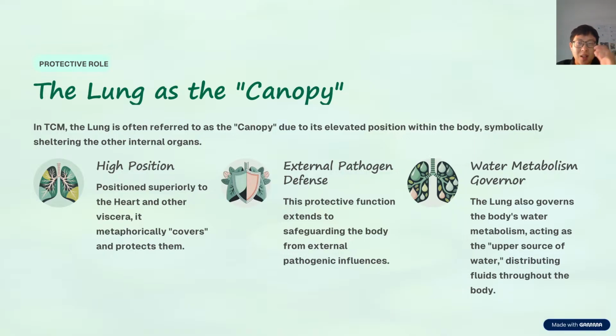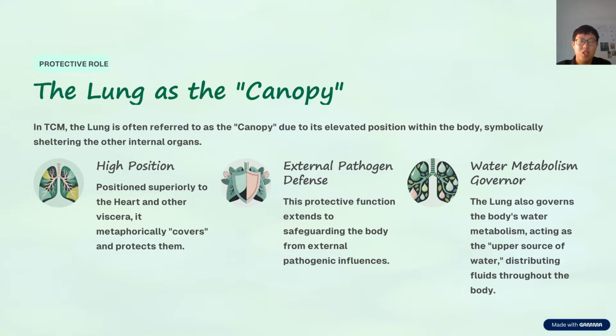Because of the lung's position, as you can see, we have 5 organs in your body, right? The lung, the heart, the spleen, the kidney, and the liver. But the lung is on top of the other 4 organs. This is like the canopy of the whole body.